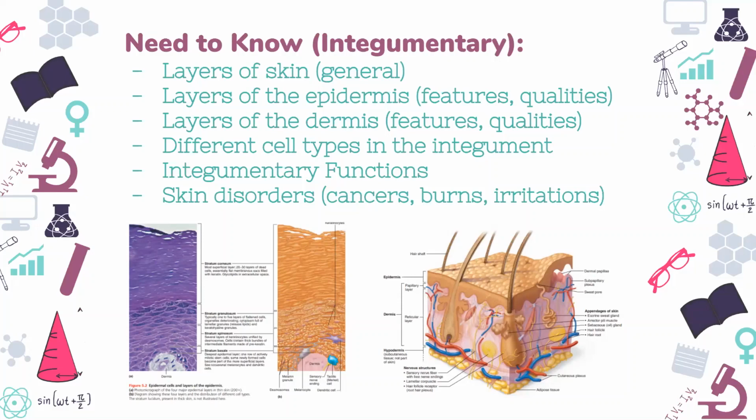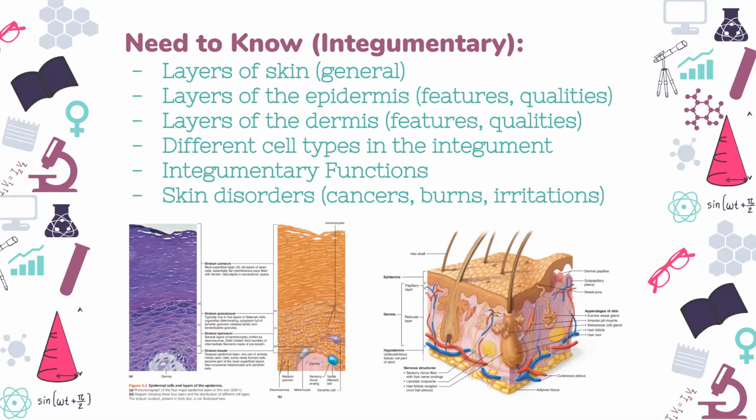And then the different cell types are also very important. This is knowing your melanocytes, keratinocytes, and the specialized cells that may appear in the skin. And then knowing the functions as well, such as protection, both physical and microbial, vitamin D synthesis, and heat, is also very important. There are also more functions which are all covered in the resource packet that we sent out.